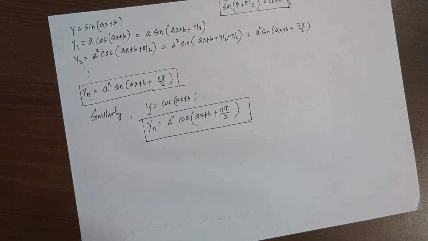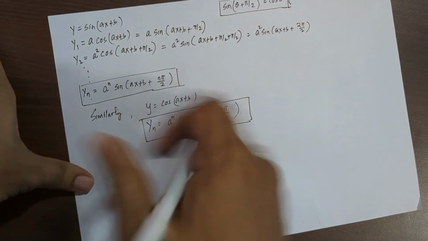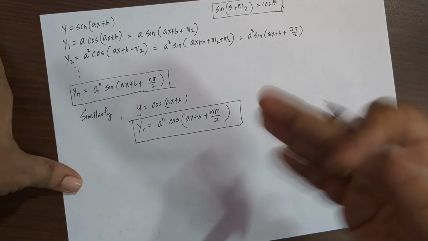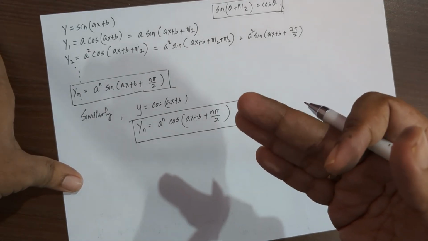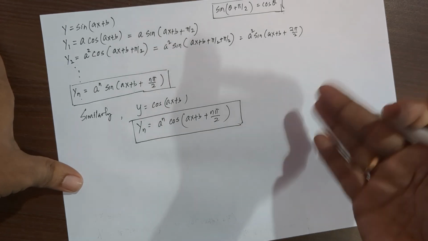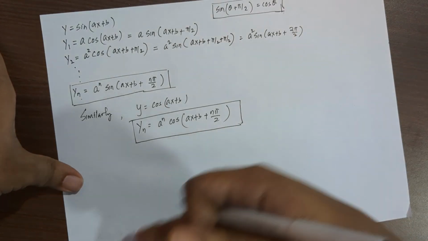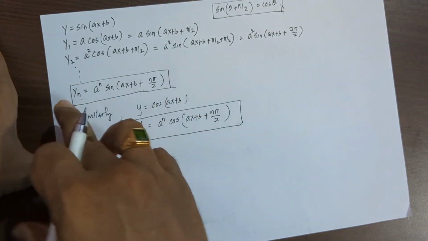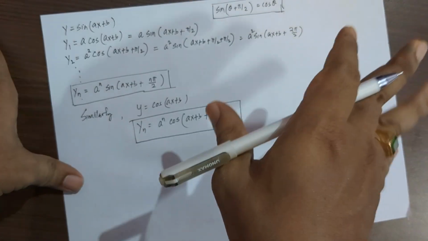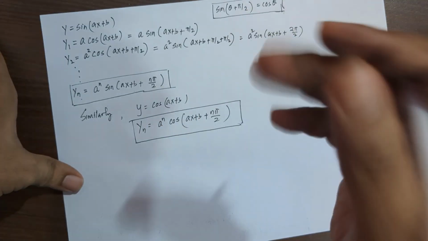And for the nth derivative of any function, the procedure is: first find the first few derivatives, first order derivative, second order derivative, third order derivative, then observe the pattern and derive a formula for the nth order derivative of that function. So this is our rule to find the nth order derivative of any function.